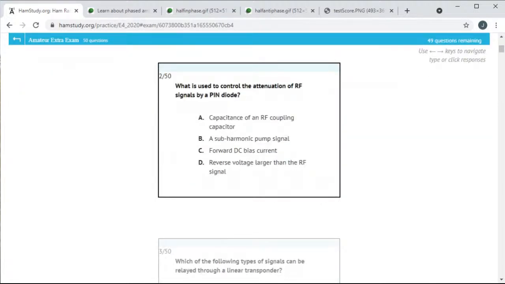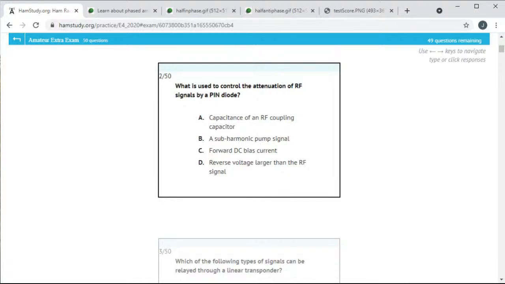What is used to control the attenuation of RF signals by a PIN diode? A, the capacitance of an RF coupling capacitor. B, subharmonic pump signals. C, forward DC bias current.